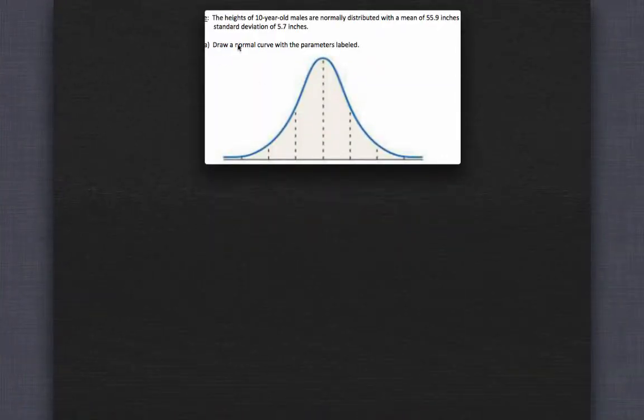Okay, so once we have this, then labeling the parameters is, first you put the mean right here. So this mean is 55.9. You move 1 over and you add a standard deviation. The standard deviation is 5.7, so I add that and I get 61.6. To get to the next one, I add another 5.7, so 67.3.